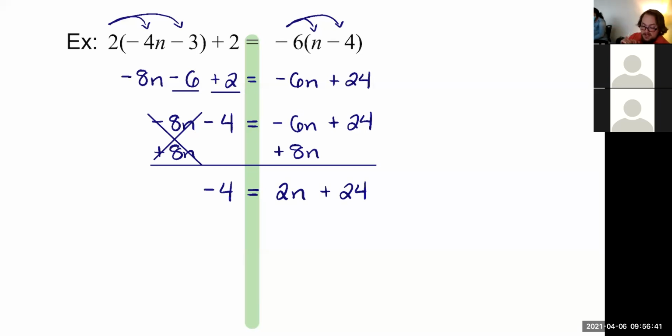So again, to summarize, we took care of parentheses first. Then we took care of like terms. And then we just took care of the variable on both sides.